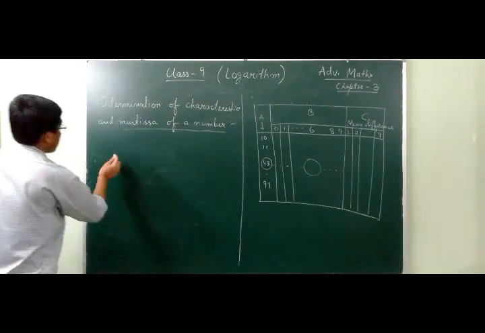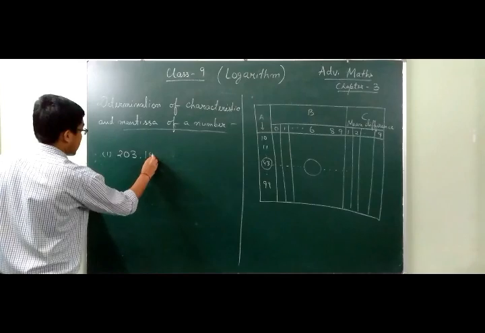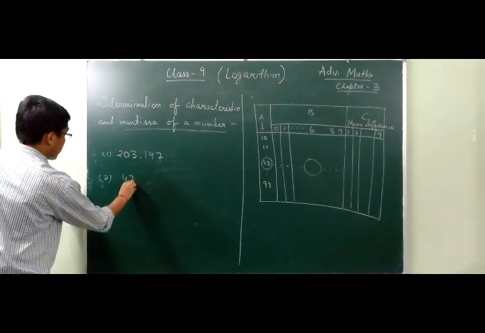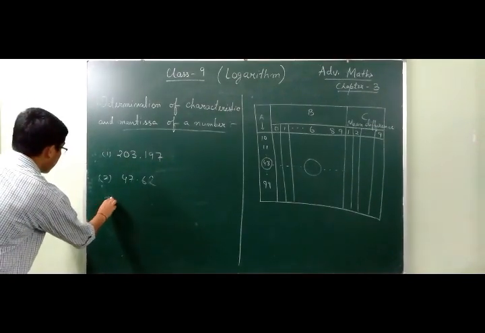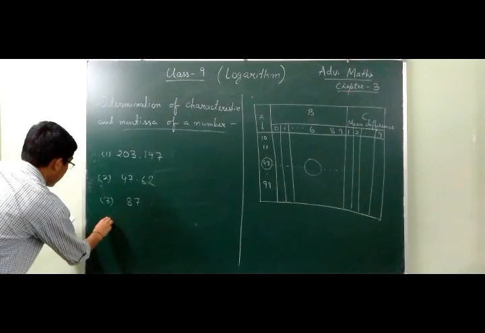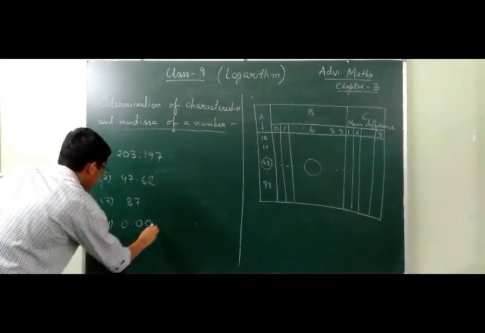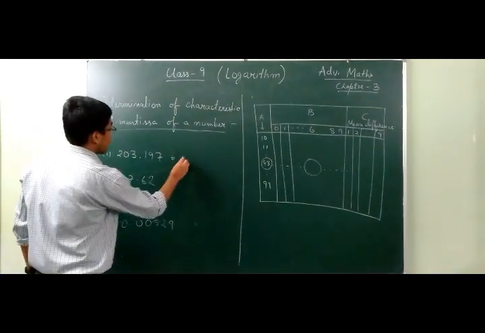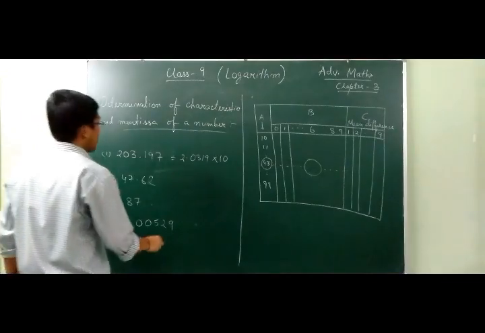Suppose I have numbers, say 203.197 and 247.62. If I break the first number, I can write this as 2.03197 into 10 to the power 2.